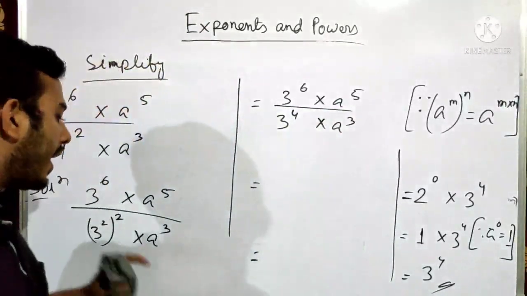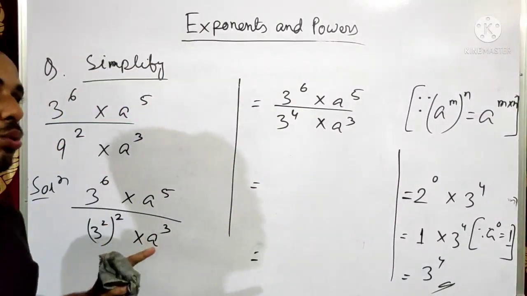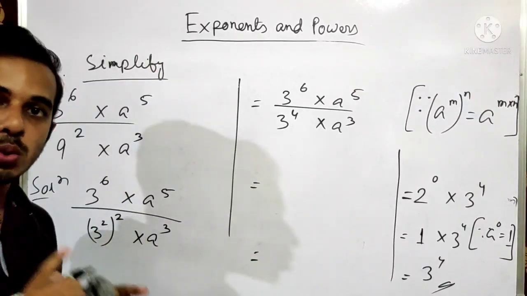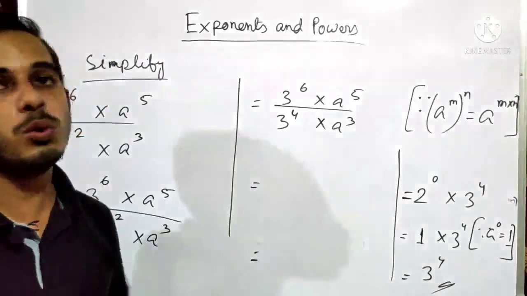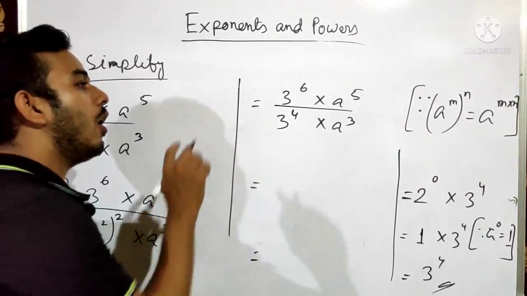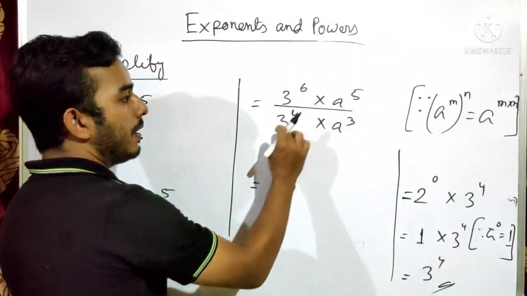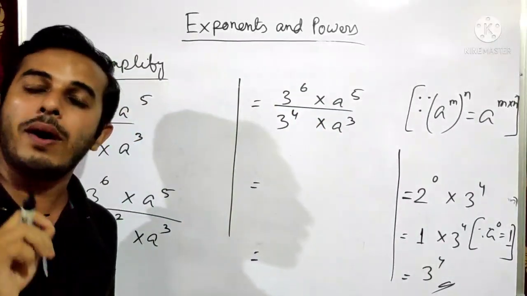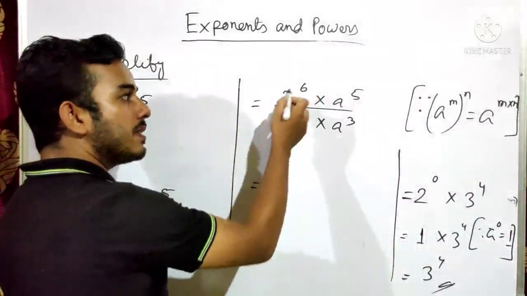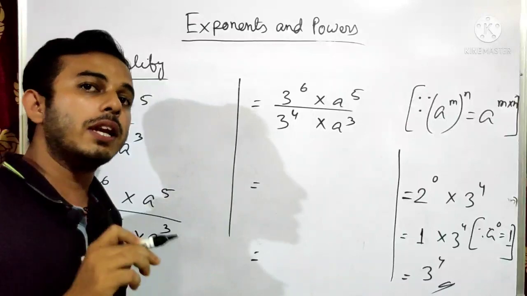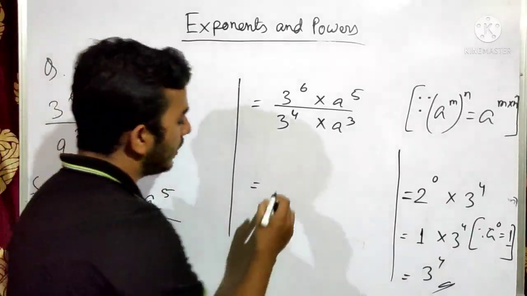Clear? Okay, here m is 2, n is also 2. So m and n, that is 2 into 2 is 4, which we have got. Now very easy, like the earlier one, a power m divided by a power n means what? A power m minus n. Here m is 6, n is 4, so it will be 3 power 6 minus 4, isn't it?